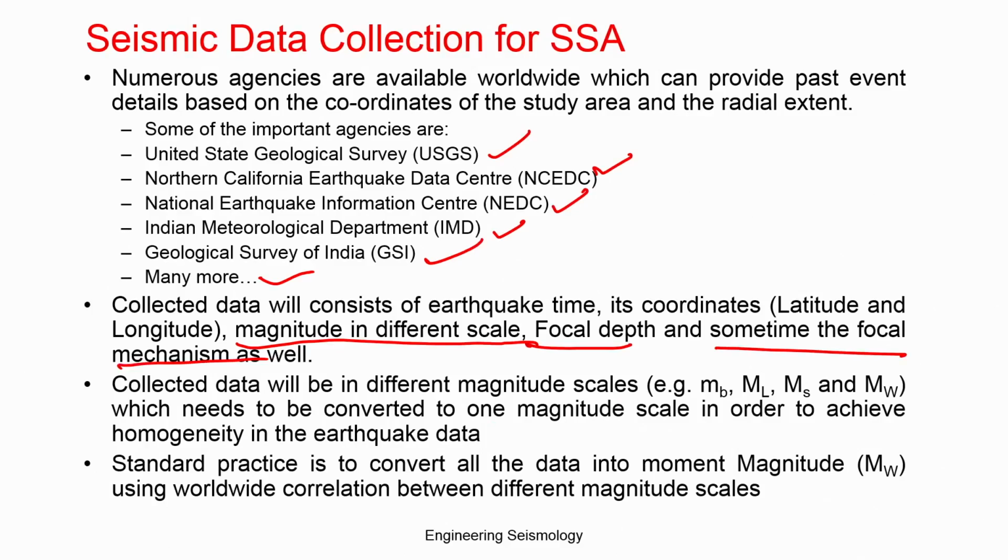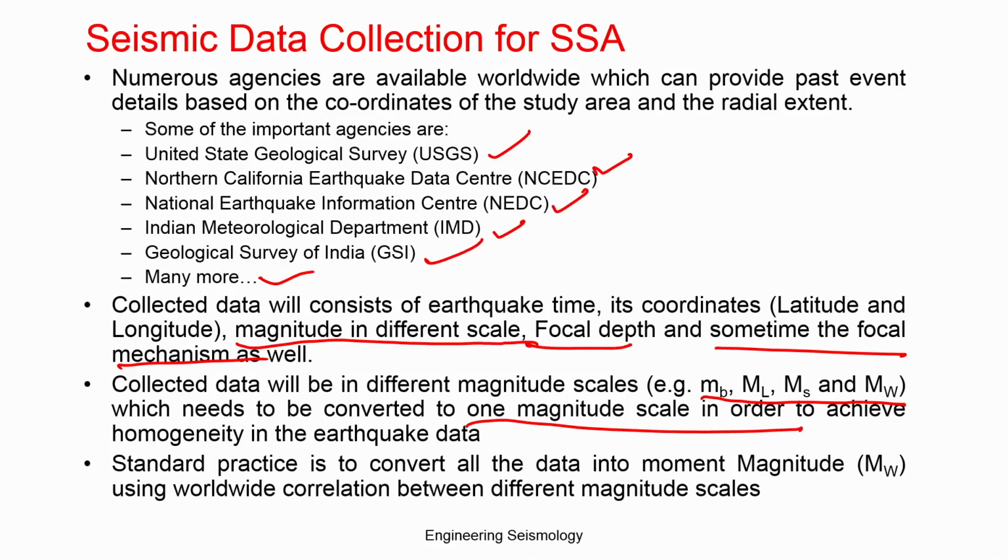Some researchers have described these kinds of details by collecting several recorded earthquakes in the region, and that information is useful to us. The collected data will be in different magnitude scales, and it has to be converted to a uniform magnitude. The presently used magnitude is basically the moment magnitude, which does not saturate at higher levels, so the magnitudes have to be converted.